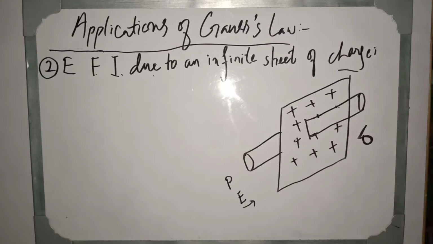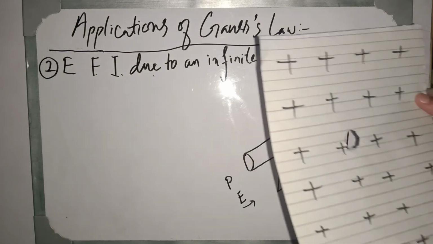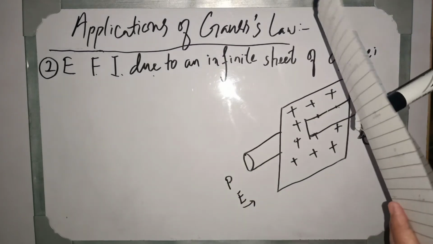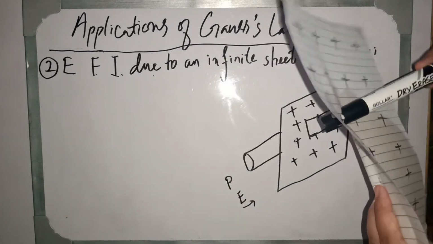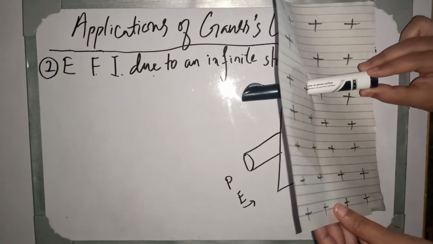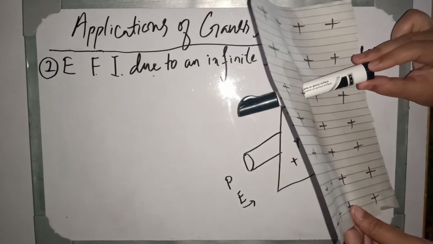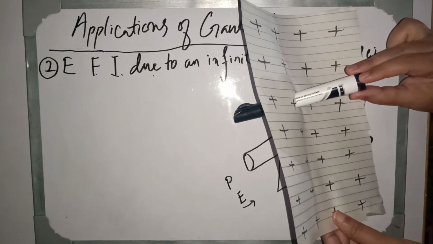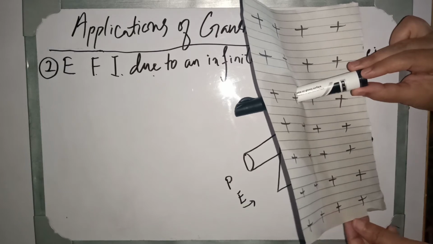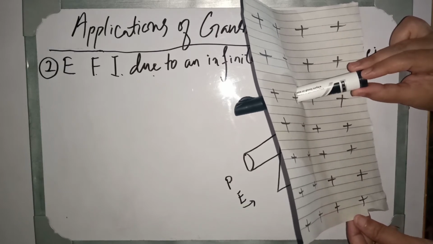Suppose this is a sheet of charge like this sheet, then this marker shows the Gaussian surface in this way. You can see it clearly that if it is a sheet of charge, then this marker is in the form of a cylindrical Gaussian surface.